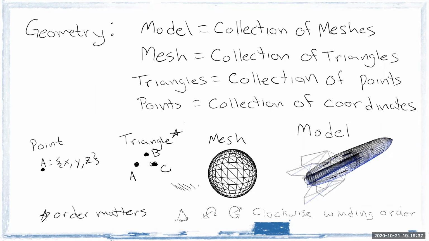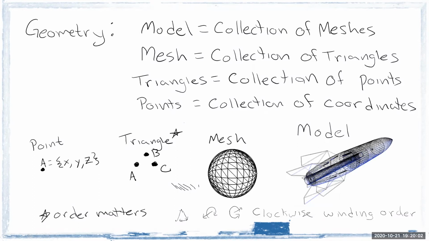So triangles are built into a collection of meshes, and often these triangles share a ton of points, right? Like 1, 2, 3, 4, 5, 6 triangles share this one point. So often we don't represent triangles as a list of these points specifically. We will have a list of indices.